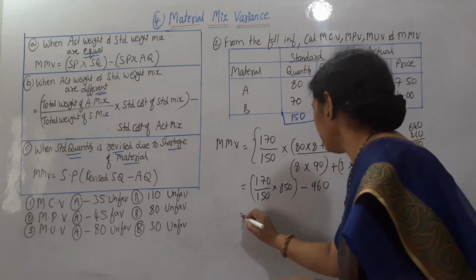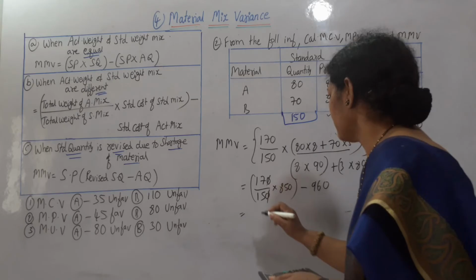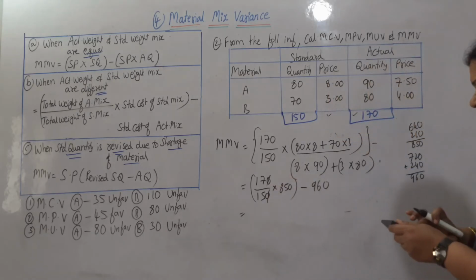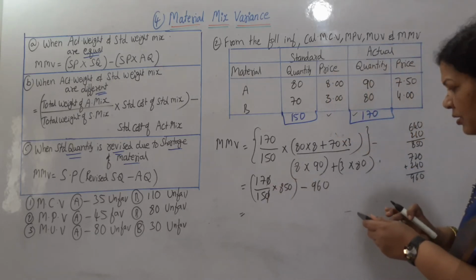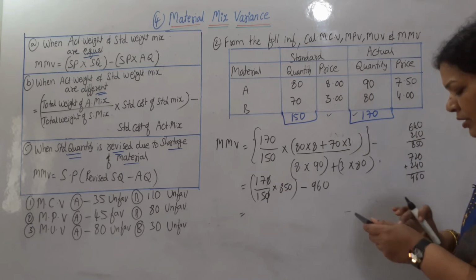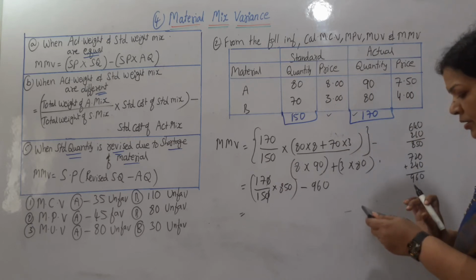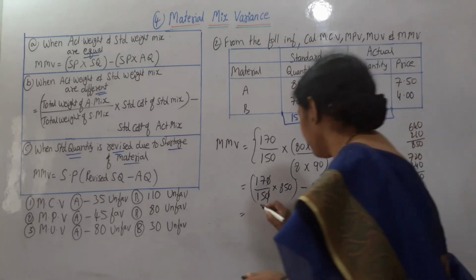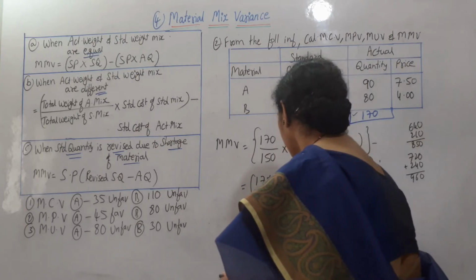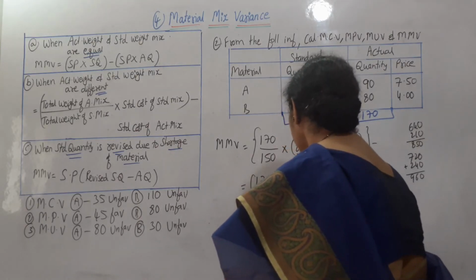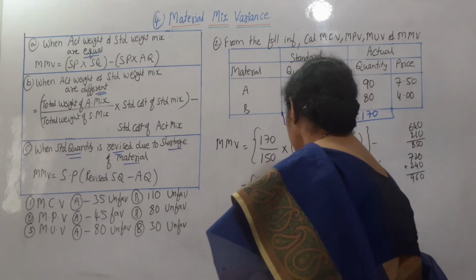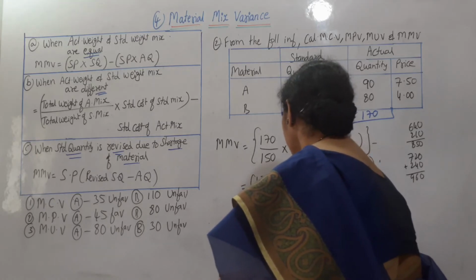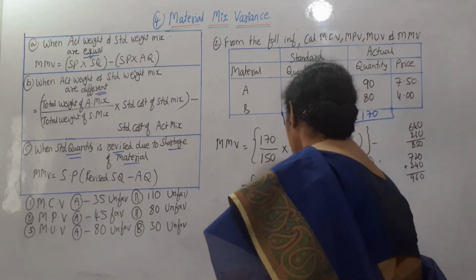If you simplify, 17 into 850 divided by 15 is 963, minus 960. So you are getting the answer 3. This is favorable.